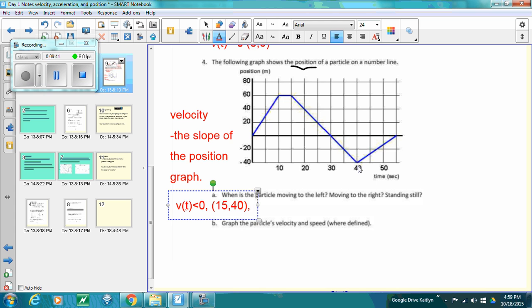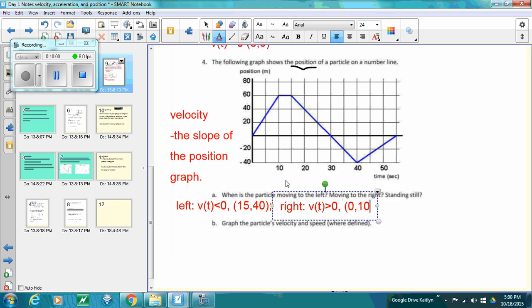And that's the only time that the velocity is negative. So it's moving left. Our particle moves right when the slope is positive, so when velocity is positive, and that is from 0 until we get to 10, and then also from 40 until we get to 55.